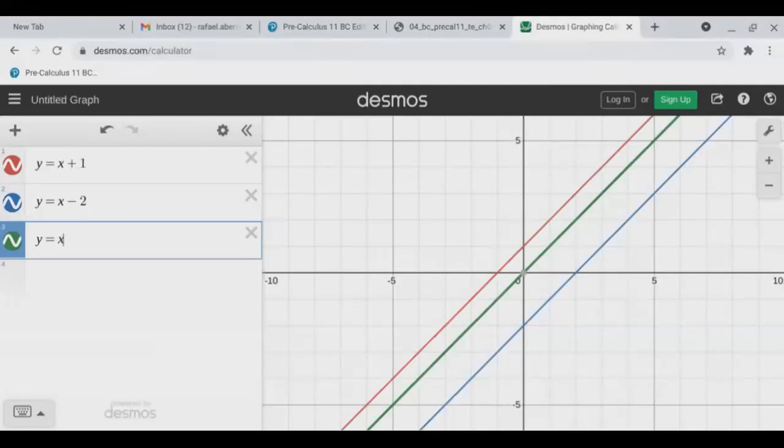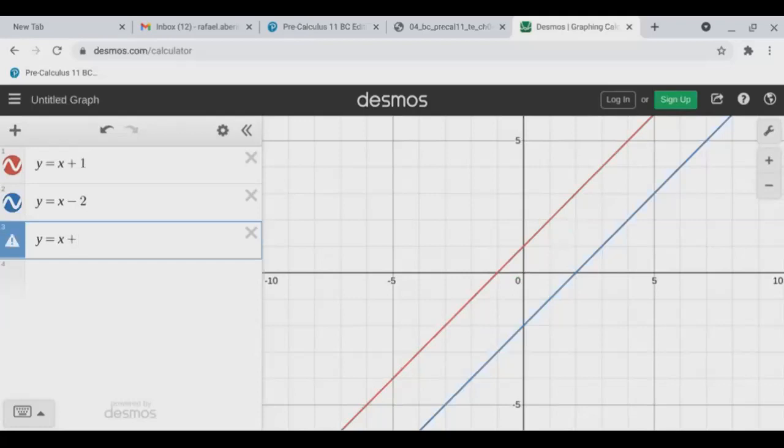So what if I add 0? Obviously nothing happens. Now guys, take a look. What if I add 1? Where did the green line go? Did you notice? So I'll remove it.